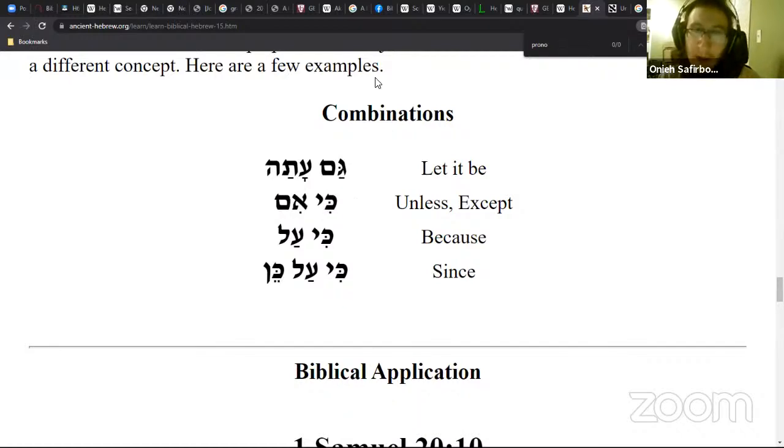So instead of ki, o, two words, in the Dead Sea Scrolls Hebrew, they write it as a single word.